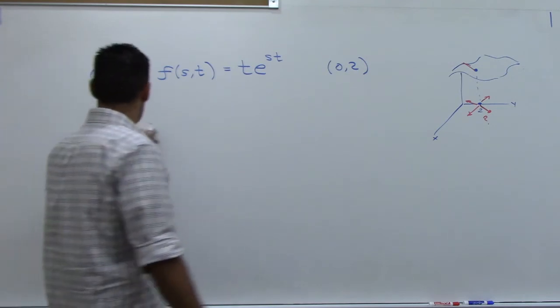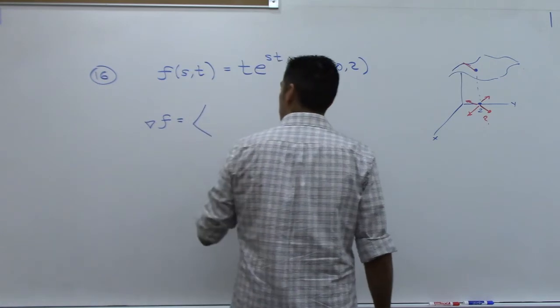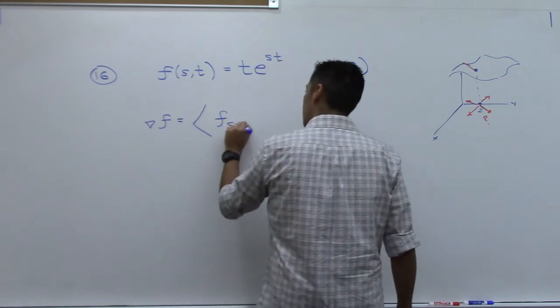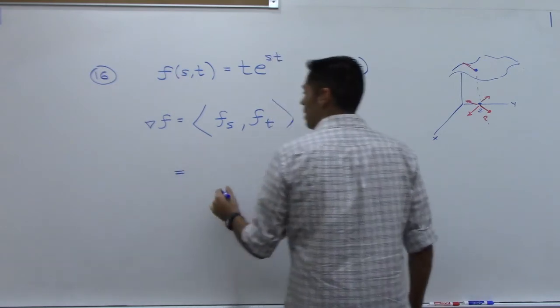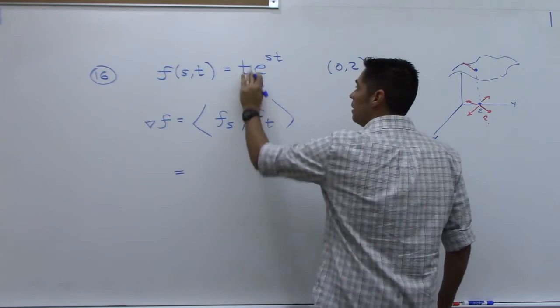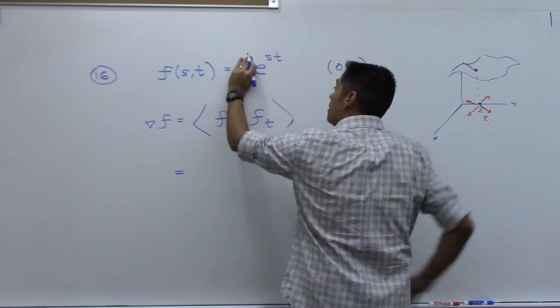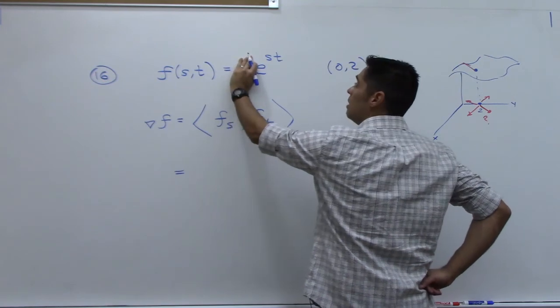So I just need the gradient of f first, which is the partial with respect to s and the partial with respect to t. I take the partial with respect to s first. t is a constant, so the derivative of e^(st) is itself, then the derivative of st is just t, so t pops out.